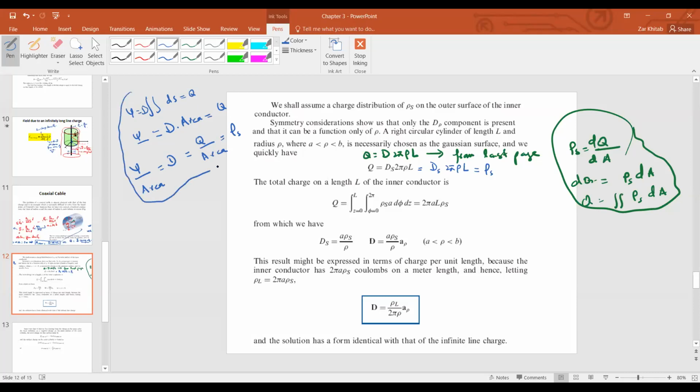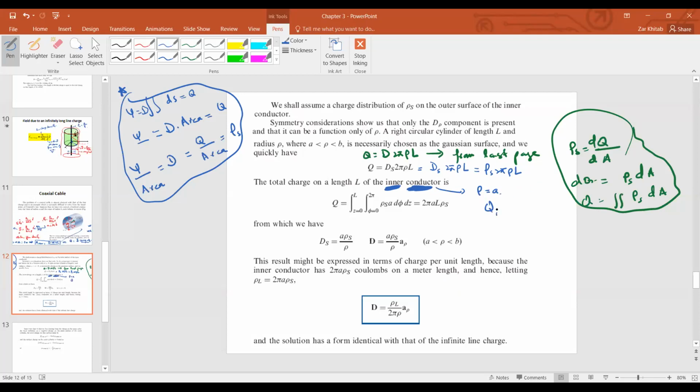This is something we know from our previous chapter. So look again: rho S is for D S, 2 pi rho into L. If you consider the inner conductor, rho equals a.